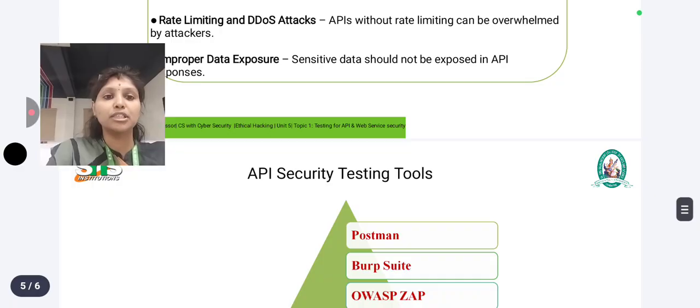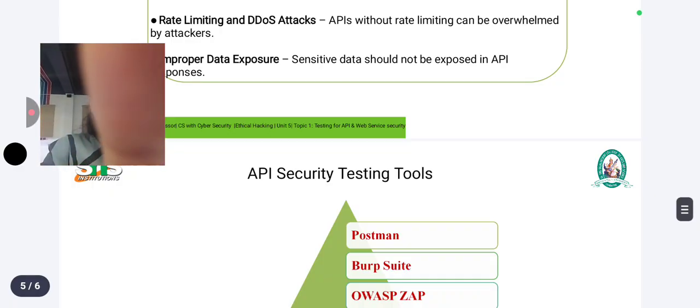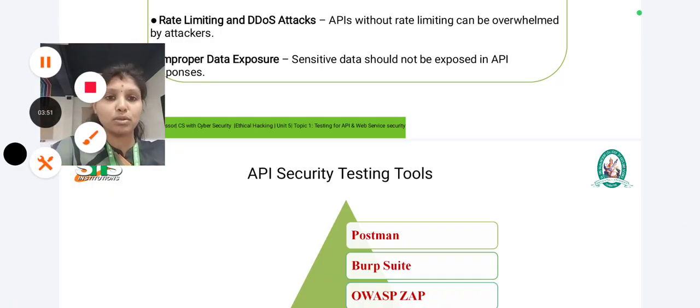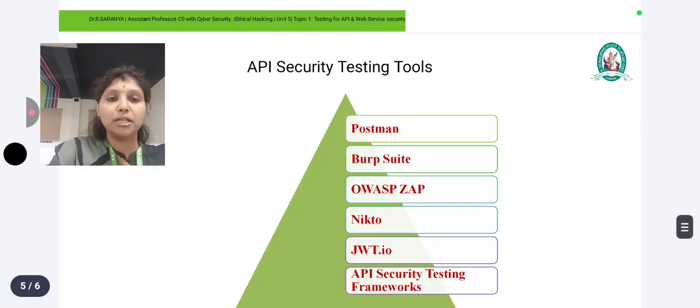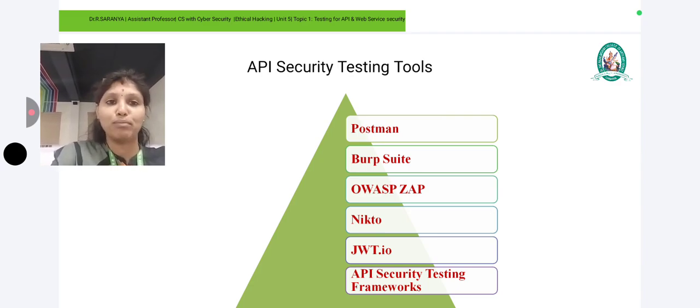Now let us see the tools. The tools in API security. The application programming interface security testing tools like Postman and then Burp Suite, OWASP ZAP, Nikto, JWT.io, and then API security testing frameworks.